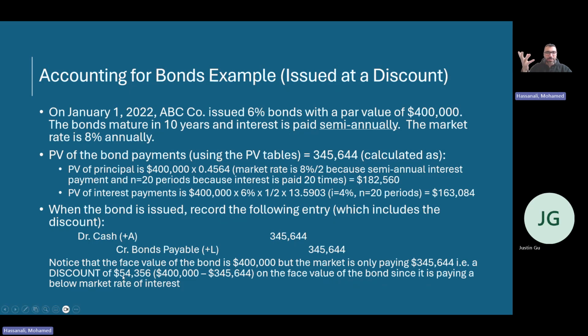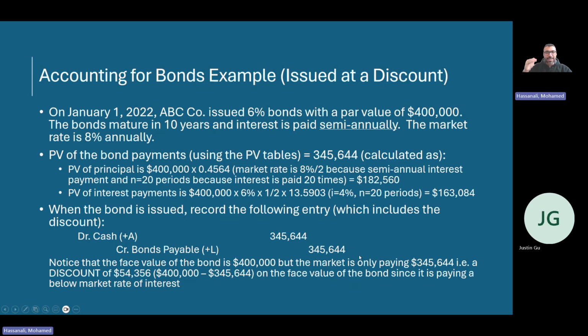So think accounts receivable: the same way you show accounts receivable less allowance for doubtful accounts. Same thing for inventory provision. So same logic here. You could just show the full value of the bond, 400,000, less the 54,356 as the discount, and then net bonds payable of 345,644.